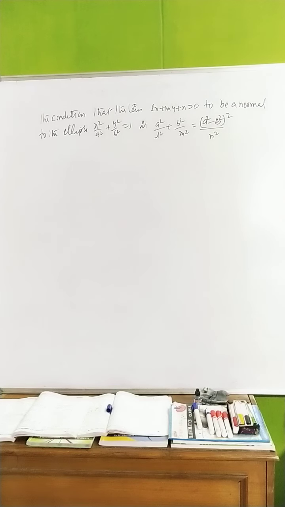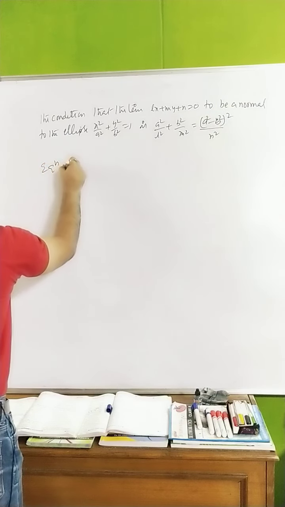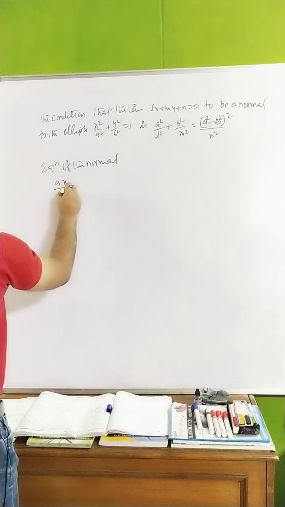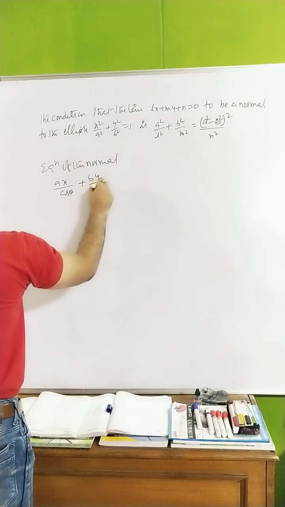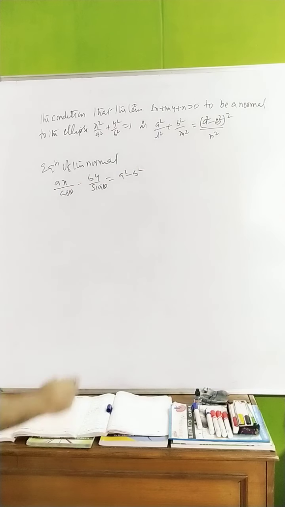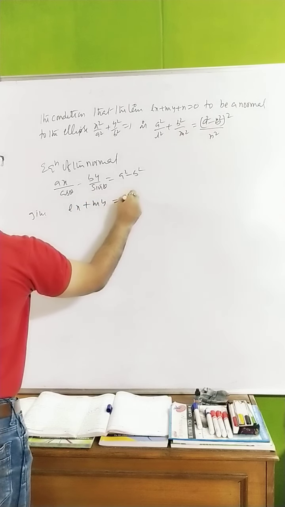Okay student, see here, the condition that the line Lx plus My plus n equals 0 be a normal to the ellipse. Now just now we proved the equation of the normal: ax by cos theta minus by by sin theta equals a square minus b square. And he has also given Lx plus My equals minus n.